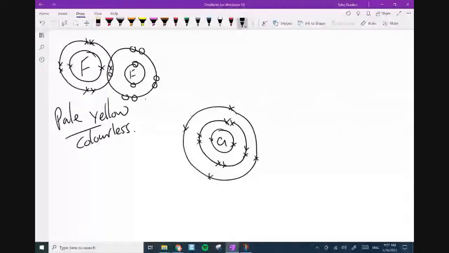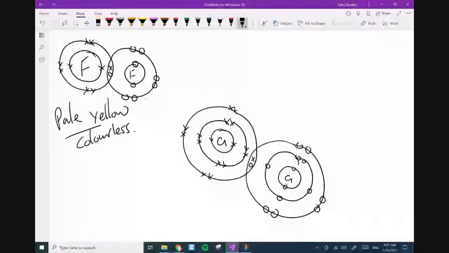Put the dot and cross in the gap. Chlorine is physically bigger. It's just larger. Way larger. There's chlorine. This is a green gas. So the molecule's getting much bigger.